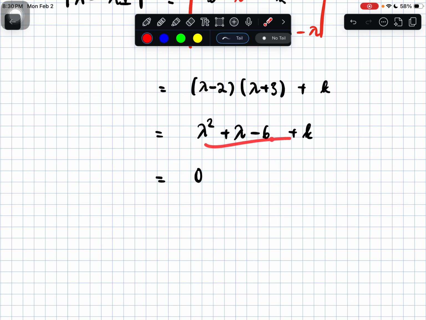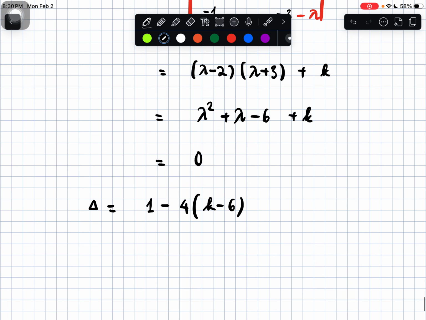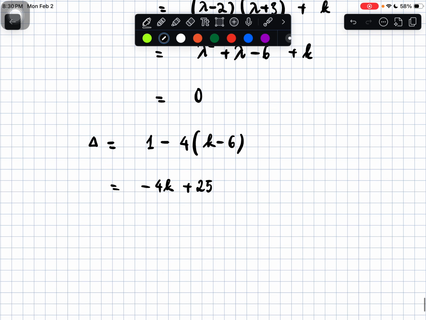This is a quadratic equation. Using the quadratic formula, delta is 1 minus 4 times (k minus 6), so minus 4k plus 25. We want real eigenvalues, so this needs to be non-negative.